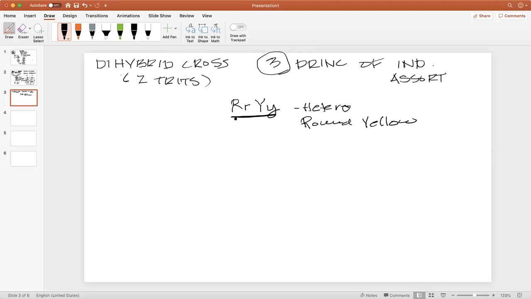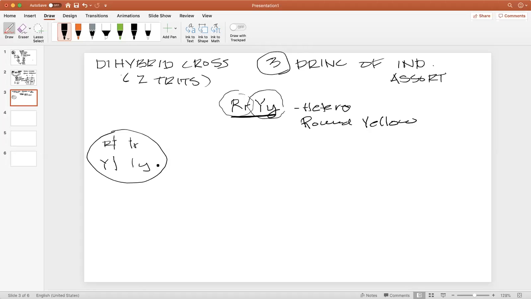So let's look at how we might do a cross looking at two traits at once. Now, when you're doing these dihybrid crosses, you're assuming that this trait is on one chromosome and that this trait is on a second chromosome. So if we look at this in terms of the cell, you could have a situation where you have a big R, little r, and each of these is a chromosome, big Y, and little y.